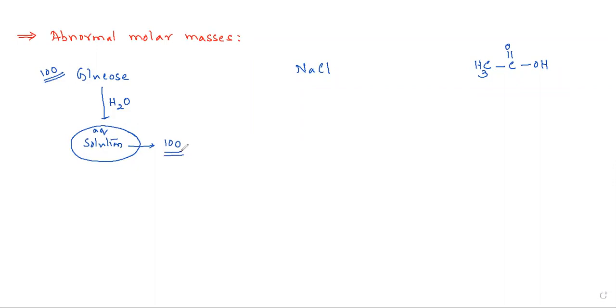Not only glucose, even urea, sucrose kind of things. It is because glucose neither associates nor dissociates. That is the reason why we can see the same number of molecules even after dissolving in water. No change.